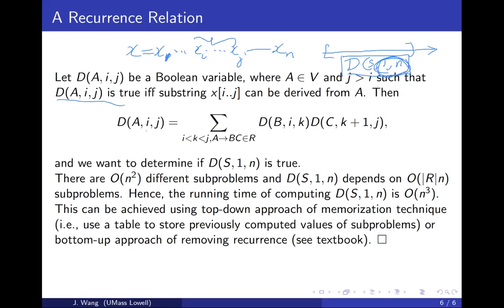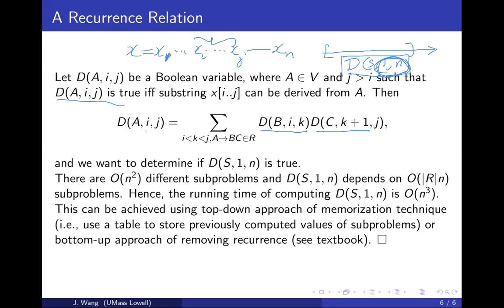But as long as we memorize solutions to subproblems, the runtime is in terms of the number of subproblems and the dependencies. As you can see here, this only depends on 2 subproblems.